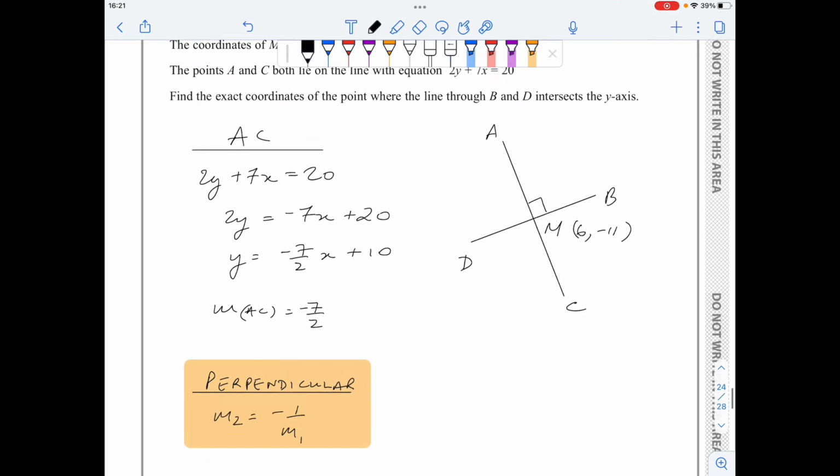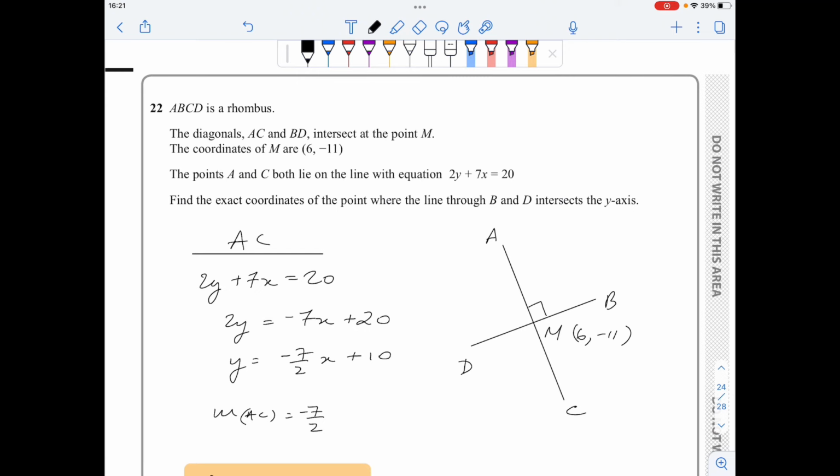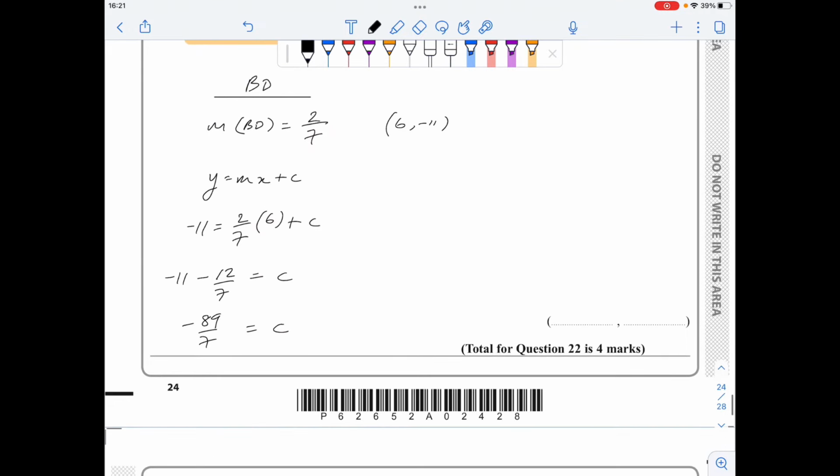And the question wants the exact coordinates of the point where this line BD intersects the y-axis, so it needs the y-intercept, which I just found. So (0, minus 89 over 7) is my final answer.